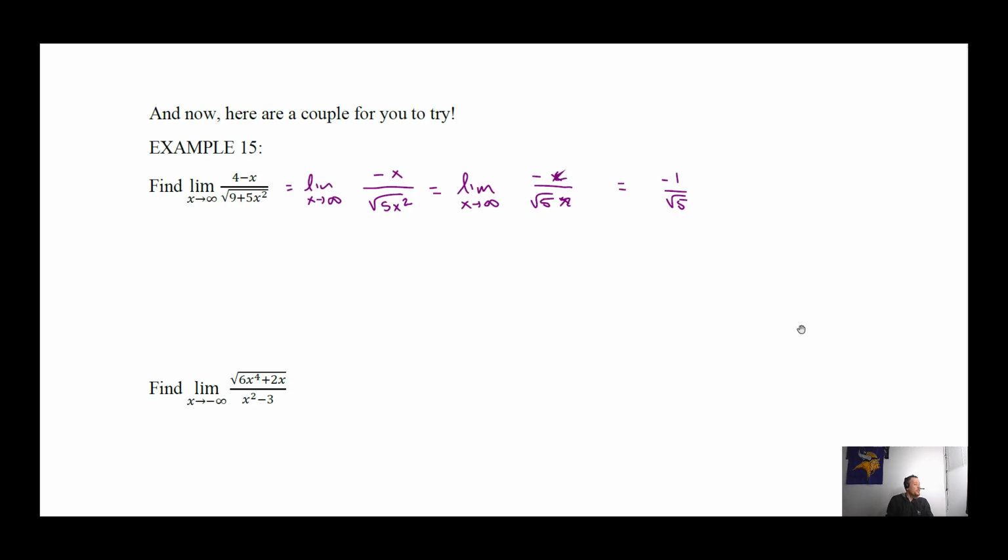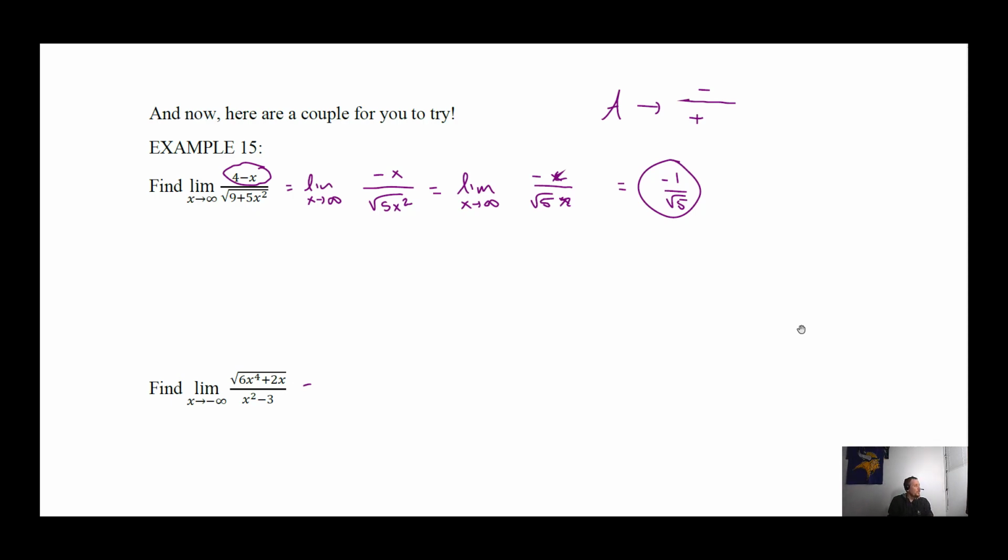We don't need to do the analysis this time, but I will, just because it's good practice. On top, as x goes towards positive infinity, 4 minus a huge number is going to be some kind of negative. On the bottom, just a radical, so it's always positive, and negative over positive is negative, consistent with what I'm seeing here. I wanted it to be negative, and it is negative.